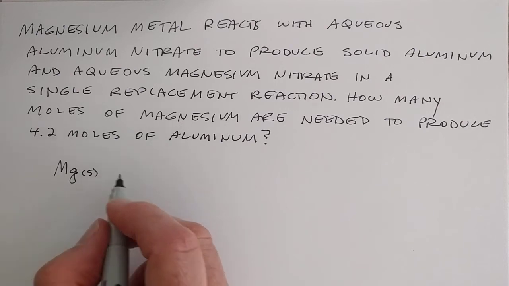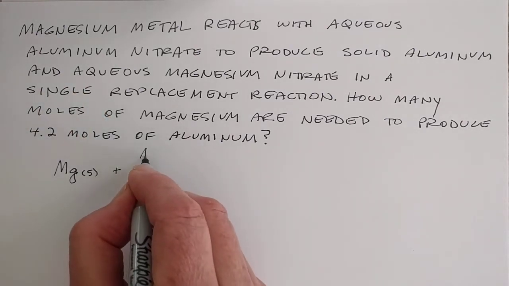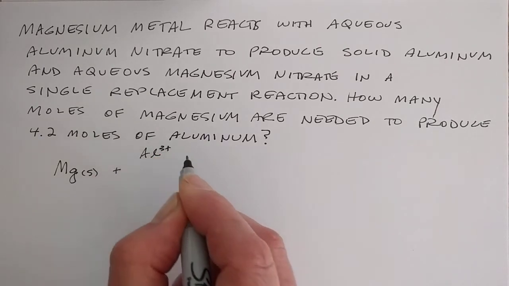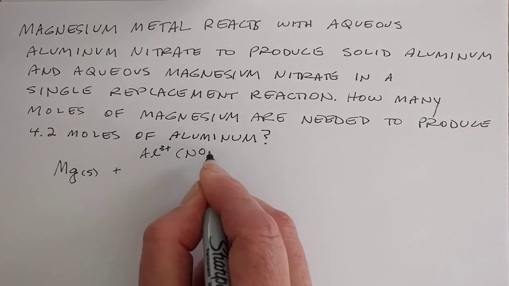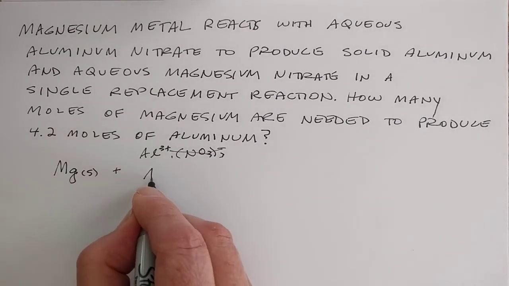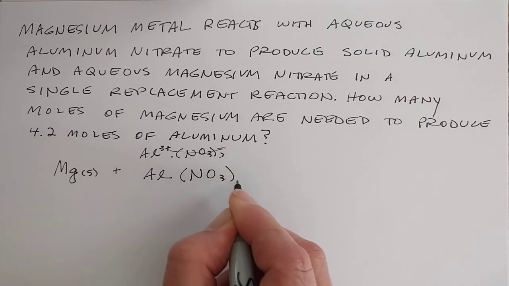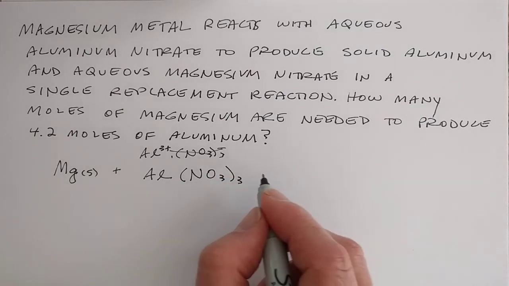It reacts with aqueous aluminum nitrate. So aluminum has a charge of 3+ in a compound. Nitrate is NO3 minus. Cross those charges, and our formula is Al(NO3)3.